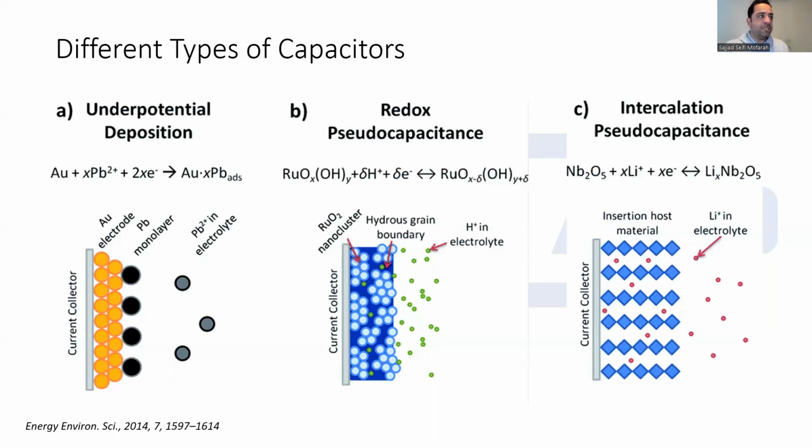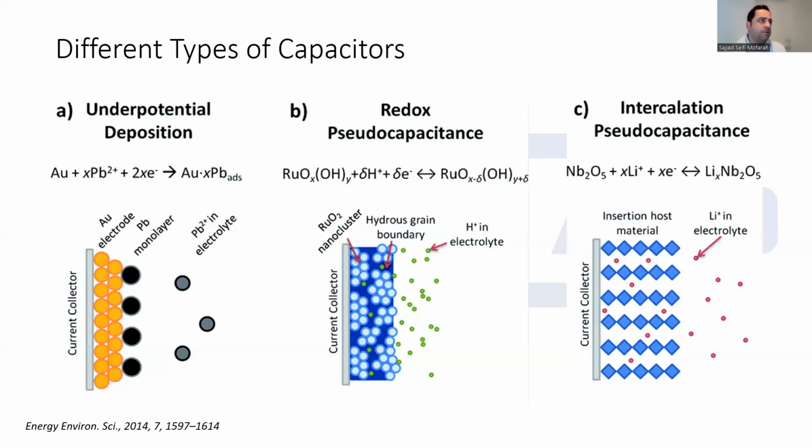That means the layers underneath the top layer can still contribute to the charge and discharge process. An example of this type of material is ruthenium oxide, which we are going to discuss thoroughly on the next slide. But the most interesting thing about this material is that we have a hydrous layer across grain boundaries, and that's the reason we can get high capacitance.